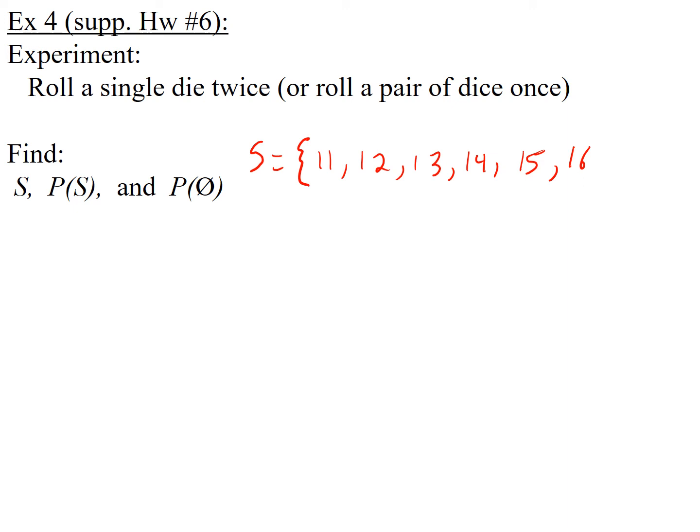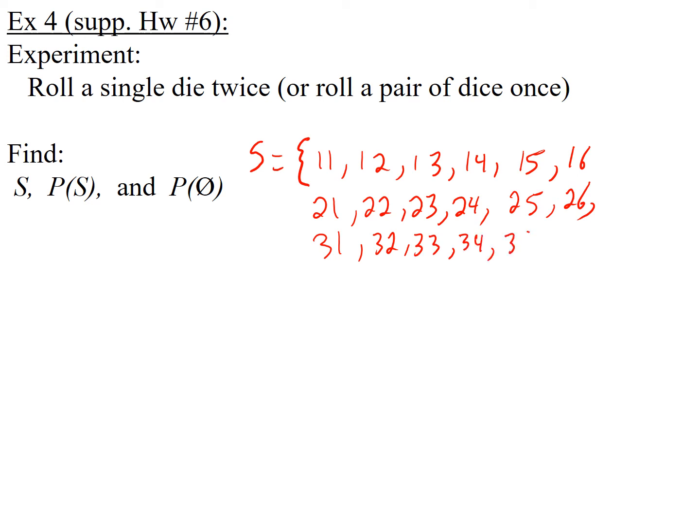I'm going to try to do it in an organized way. You'll see why in a little bit. So what else is there? All the rolls where the first die landed on a 2. So we're at 2,1, 2,2, 2,3, 2,4, 2,5, and 2,6. And we could do this all the way down. 3,1, 3,2, 3,3, 3,4, 3,5, 3,6.